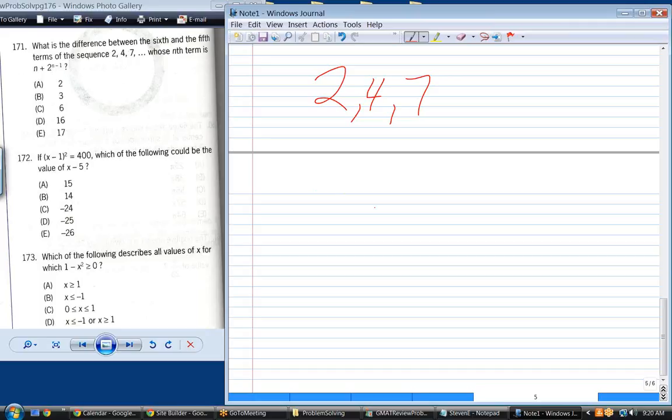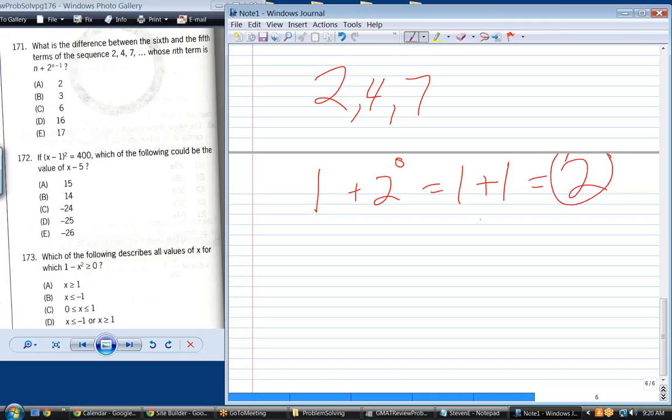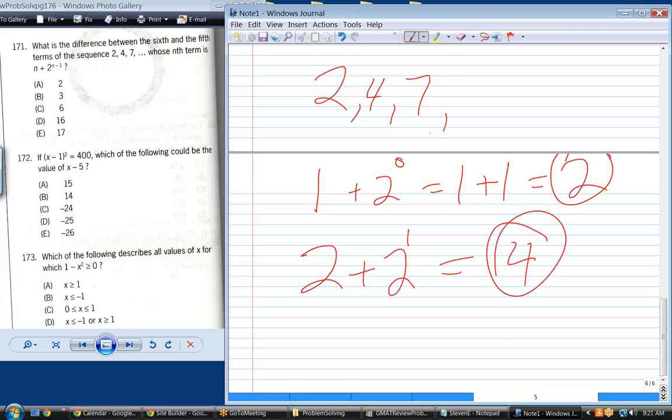Notice that when N is 1, I get 1 plus 2 to the 0th power, which is 1 plus 1, which is 2, the first term. The second term, N is 2. So we have 2 plus 2 to the 1 power, that's 4. Notice what we're doing. So let's figure out the 4th, 5th, and 6th terms. So when n is 4, what is the fourth term?